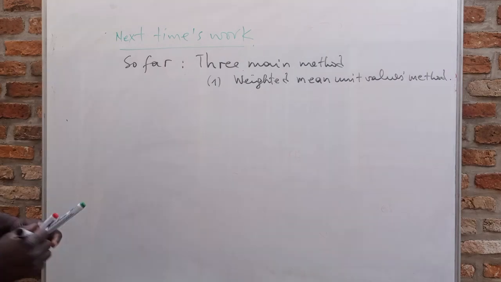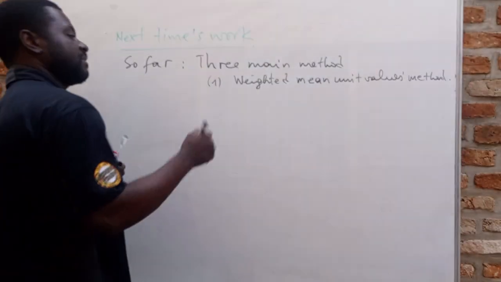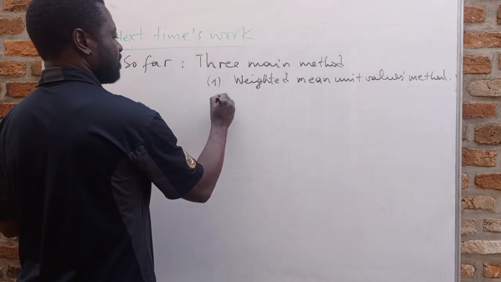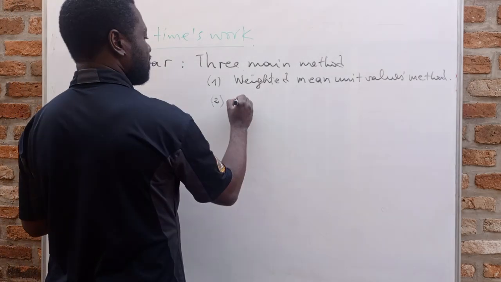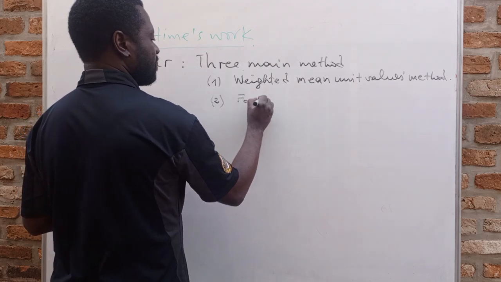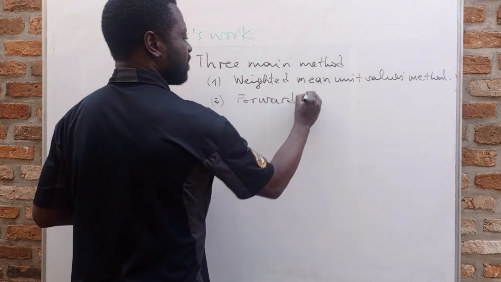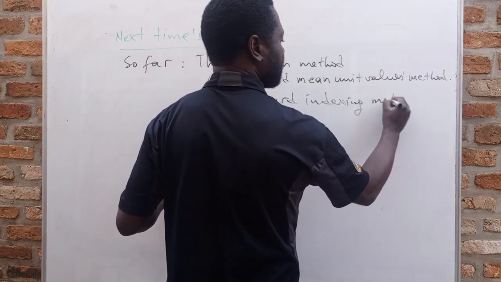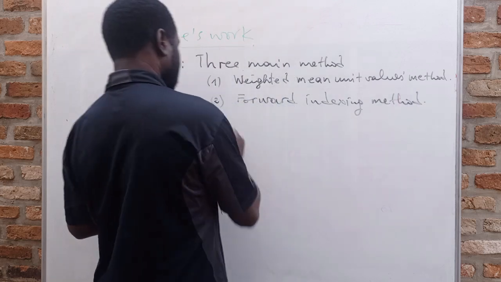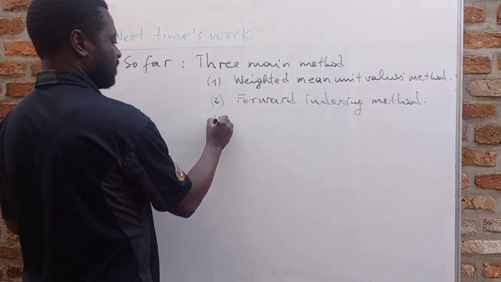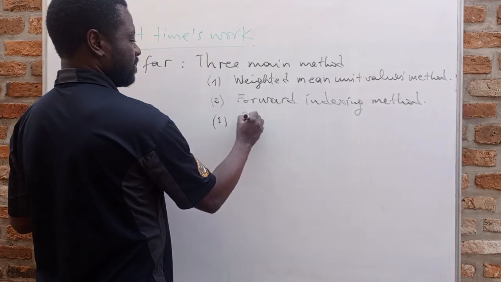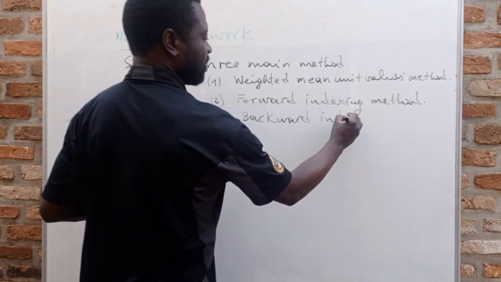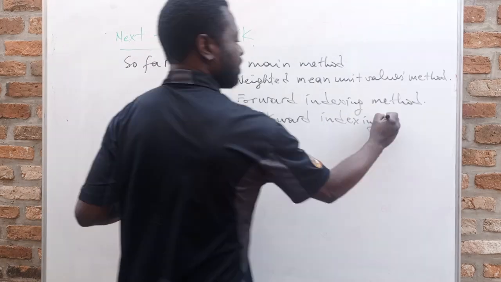This is the basic method. The others are just a kind of indexing method. The second, as we talked about last time, is the forward indexing method, and the third one is the backward indexing method.